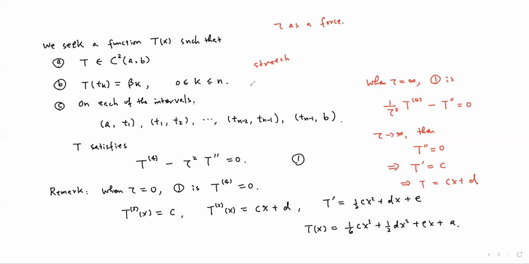Because of this, we call this parameter a tension. When the tension is small, the graph is about a curve of cubic polynomial. When the force is large, about a line, right? Tighten the curve.